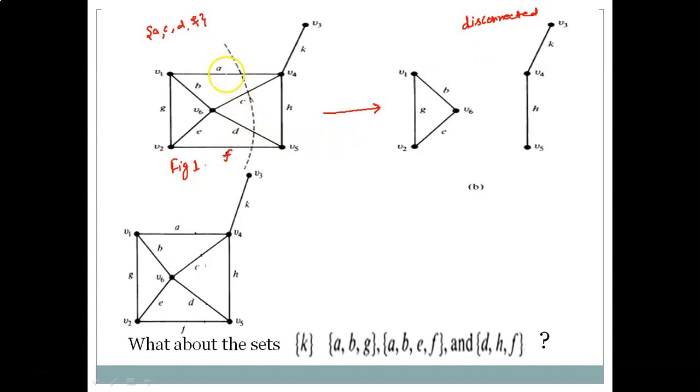So removal of the edges A, C, D, F from this graph leaves it disconnected. Therefore, this set of the edges A, C, D, F is a cut set. So I think our definition will be more clear to you.